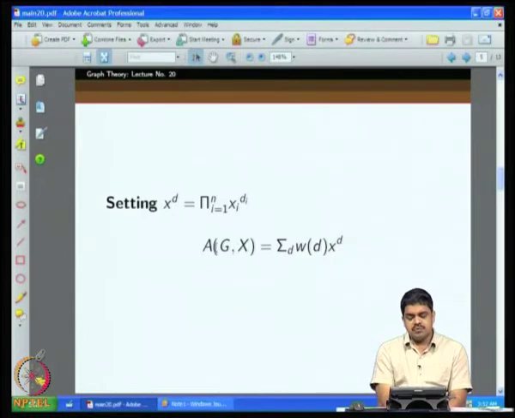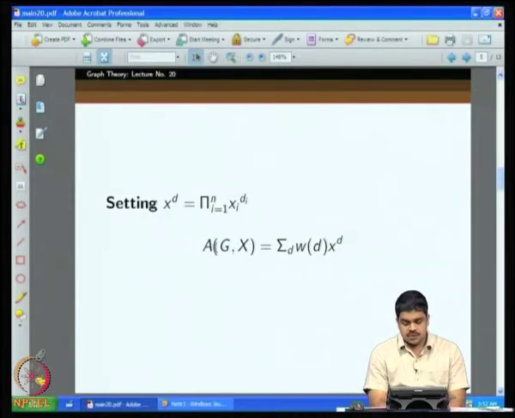Now, to understand that, we have expressed this polynomial as a sum with respect to its degree sequences, the weight of the degree sequence times x raised to d.